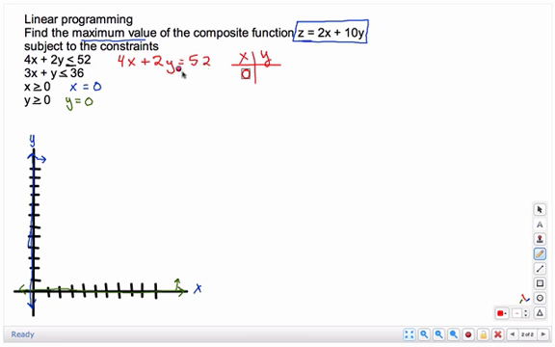You solve that by dividing both sides by 2. 52 divided by 2 is 26. Now you do the same thing, replace y in this equation with 0. 2 times 0 is 0, and you get the equation 4x equals 52. So you divide both sides by 4, and 52 divided by 4 is 13.